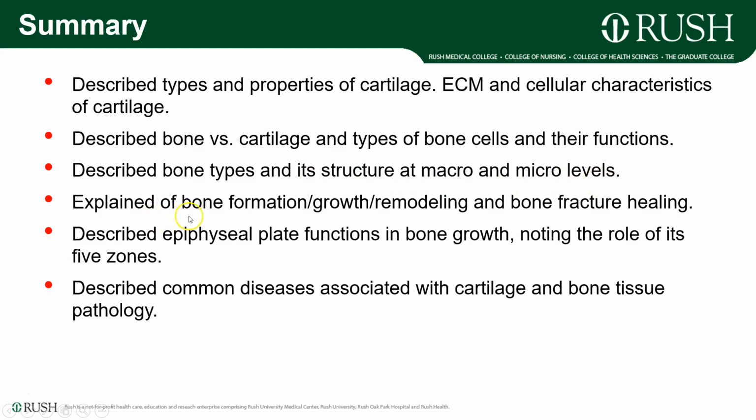We also discussed bone formation, growth, and repair. And we looked at longitudinal bone growth at the epiphyseal growth plate and how it is seen in clearly demarcated 5 different zones within the growth plate. We also described some common diseases which are associated with cartilage and bone.